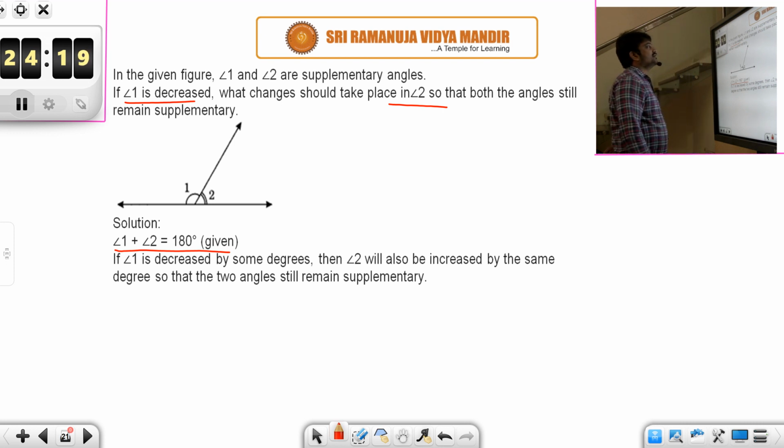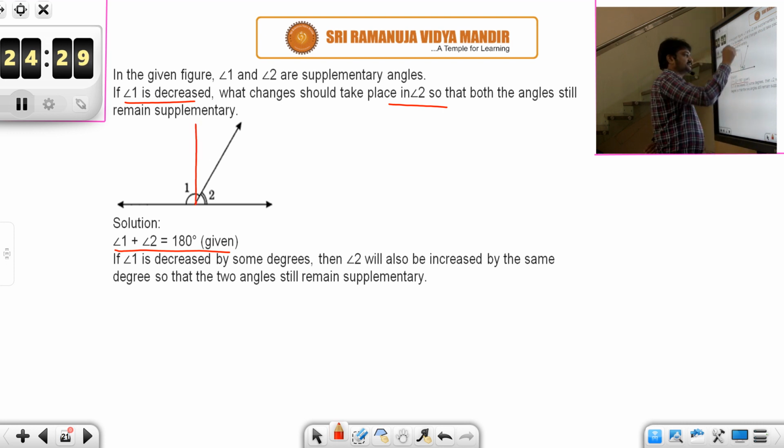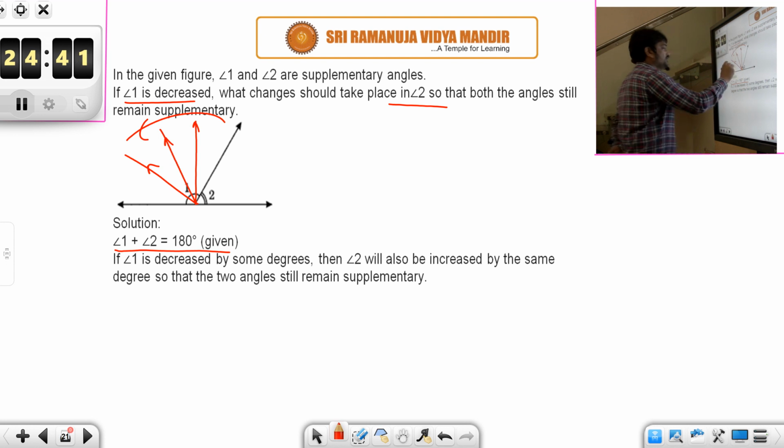You have been asked to find, if angle 1 is decreased, it means this line you are moving. Say suppose it is something like this, then angle 1 is decreased. If it is like this, then angle 1 is decreased. So in this way, just by moving this ray in the anti-clockwise direction, you could decrease the measure of angle 1.